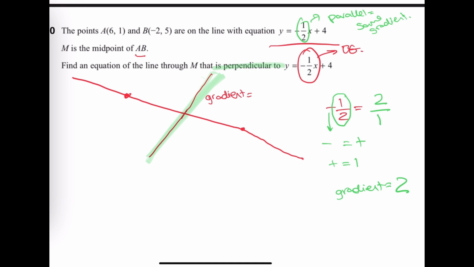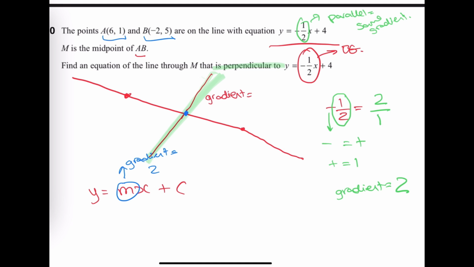So we know if you see a line equation, it's mx plus c. So we know the value of m now, because m is the gradient. We know that it is 2. Now we have to find the coordinate of this, and how you find that is you basically do the halfway point between these two.